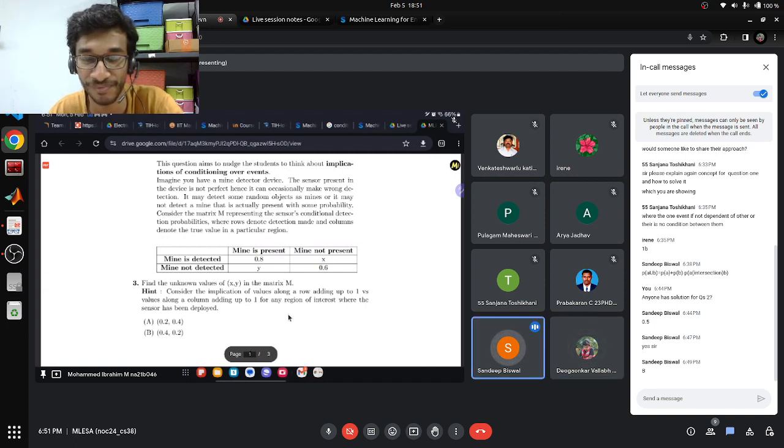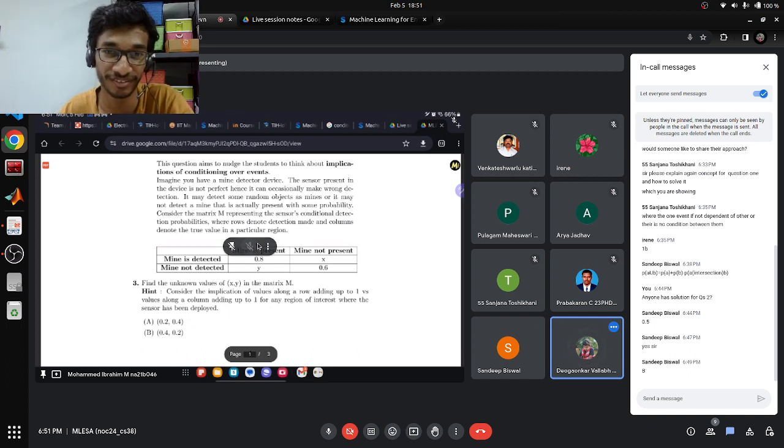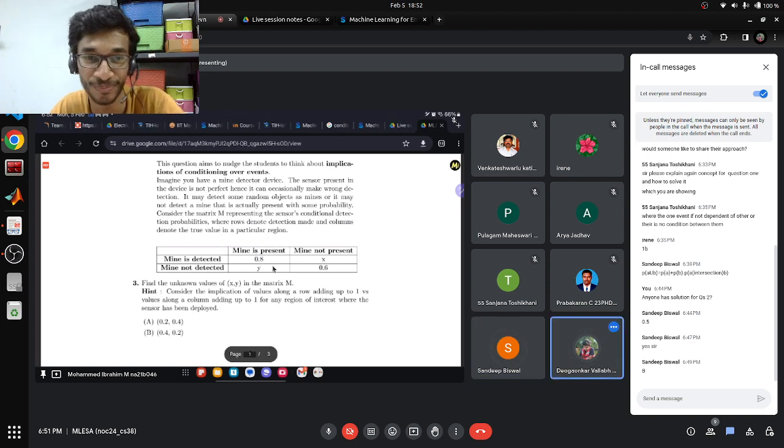Sorry, sir, I couldn't get the question properly. So essentially I'm asking what does y being 0.2 mean? You are getting the 0.2 number based on adding the columns to 1, right? So you want the mine is present, this entire column, to add up to 1 essentially. Yes, sir. So what do you think is the implication of that? What does that mean here?